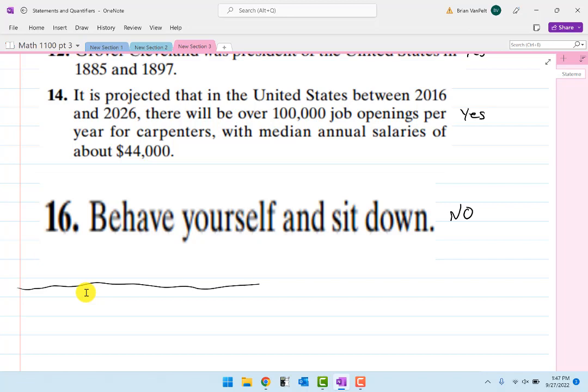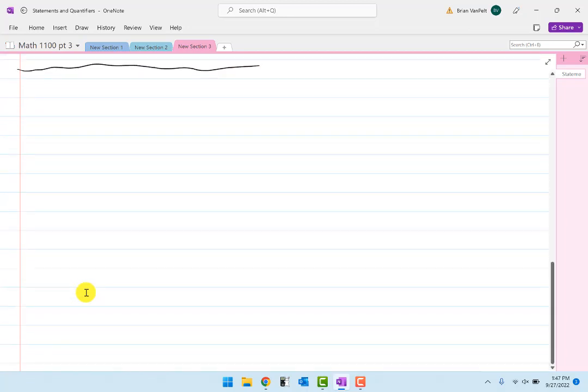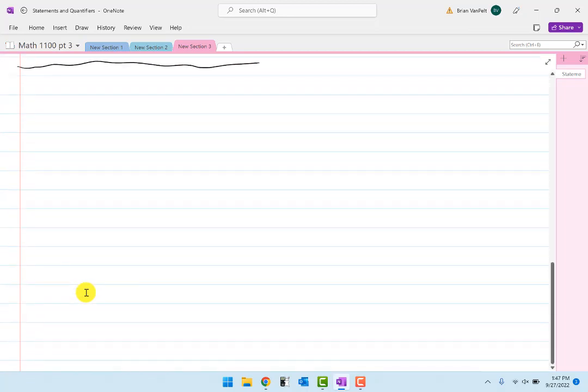Next, we complicate things by throwing in the notion of a negation. That's where we take the opposite of a statement, essentially.